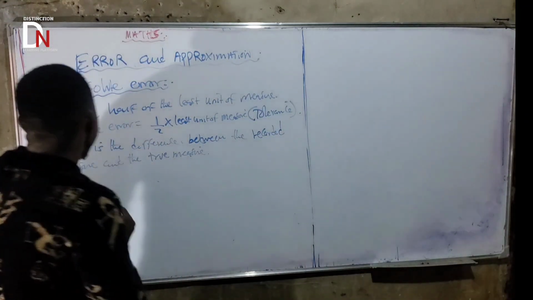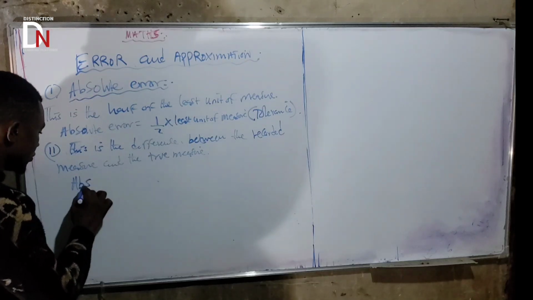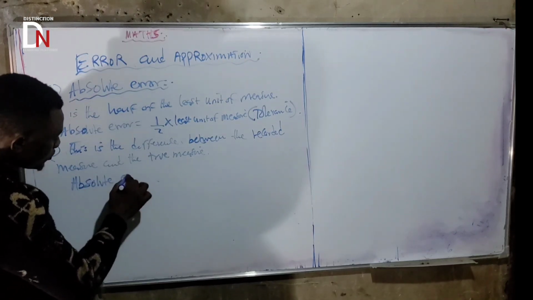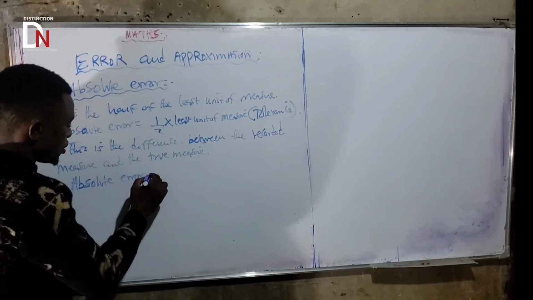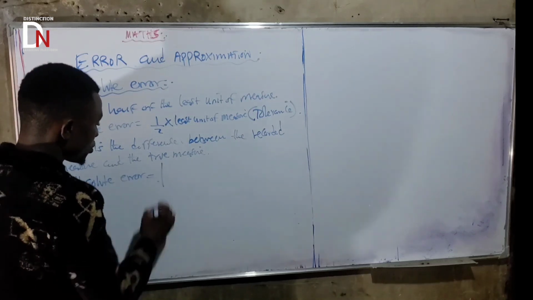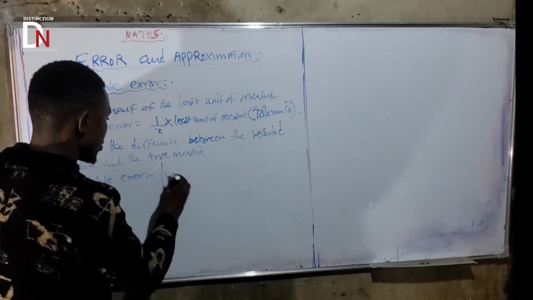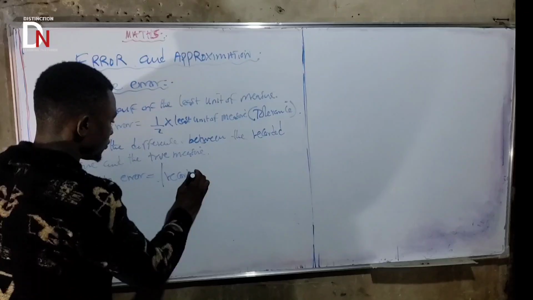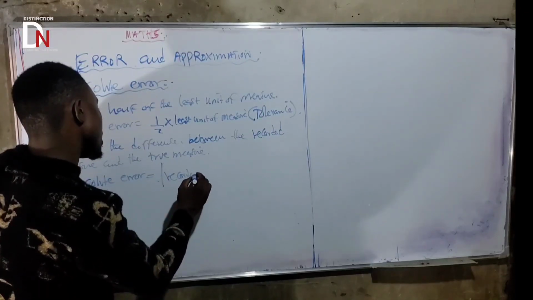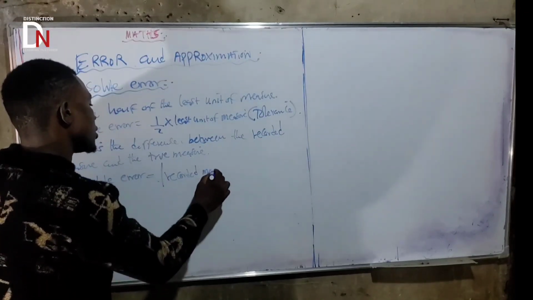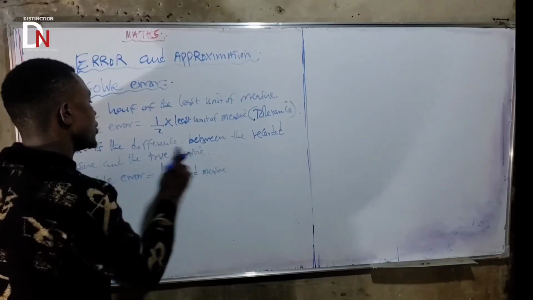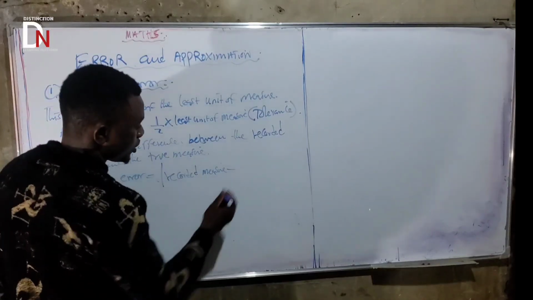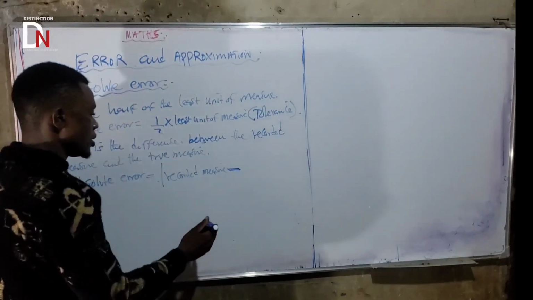Therefore, from here we can come up with the formula. Absolute error is equal to the modulus of the recorded measure minus the true measure. When we say difference, what should come into your mind is a minus.